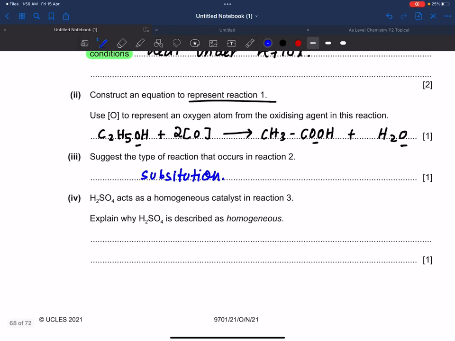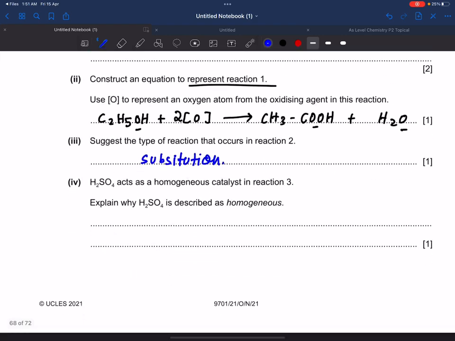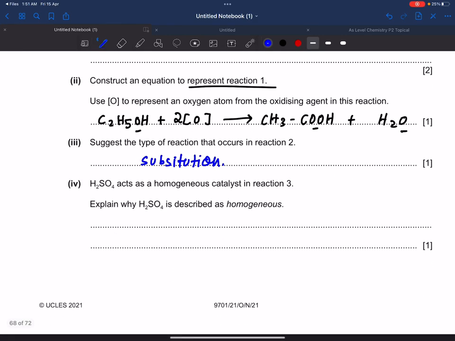Okay, so H2SO4 acts as a homogeneous catalyst in reaction 3, ester production. There was a 2 carbon carboxylic acid, so there's some carboxylic acid with bromine attached, whatever the name is. We added ethanol into it, and H2SO4 is acting as a catalyst. Why does this describe it as homogeneous?